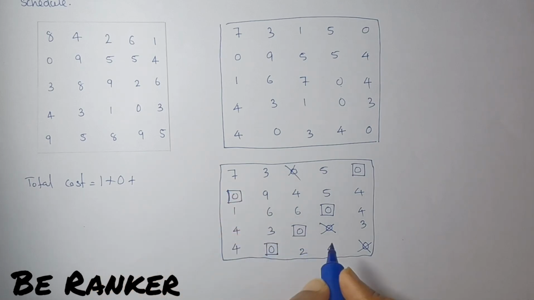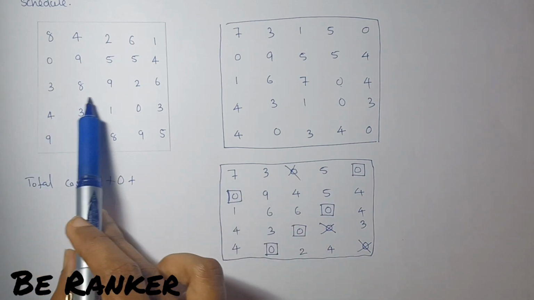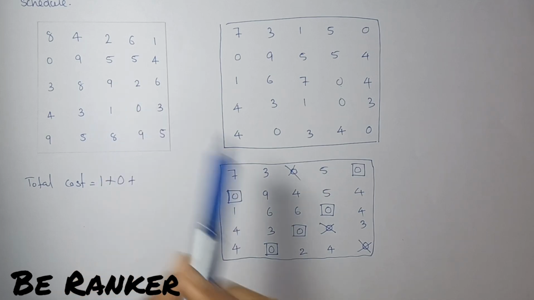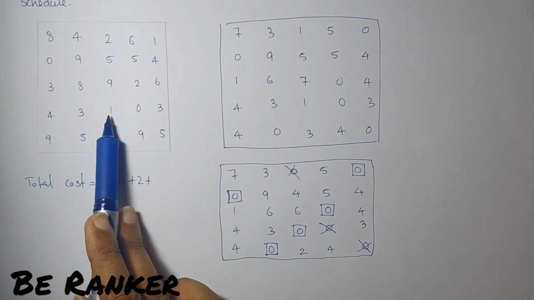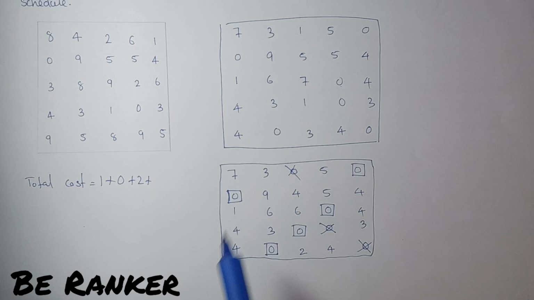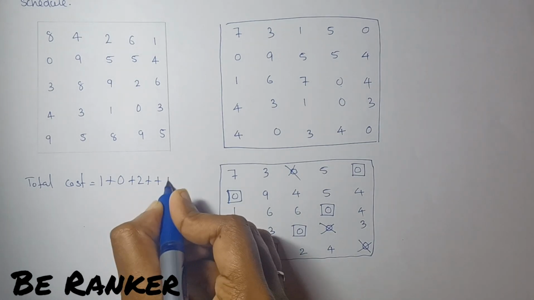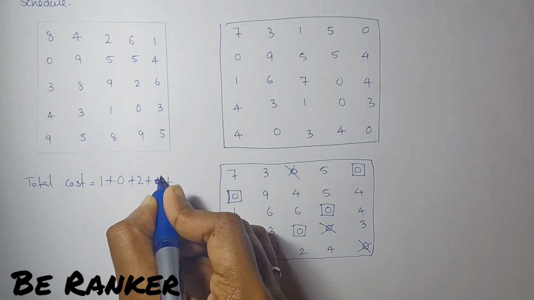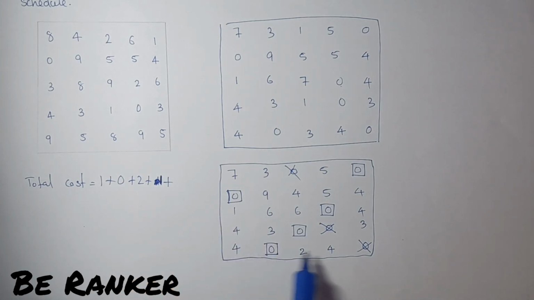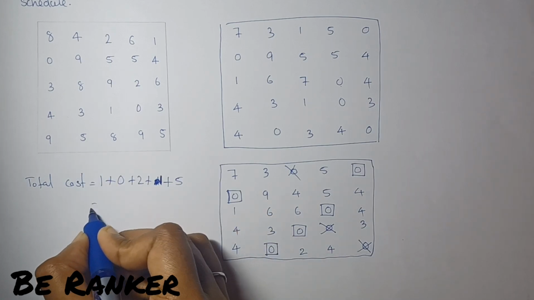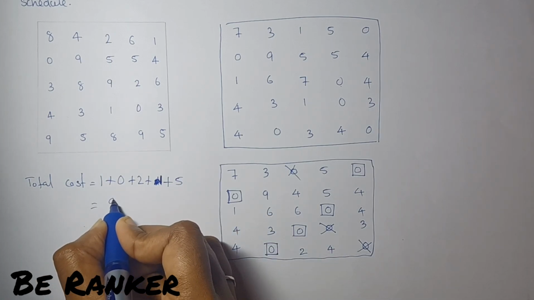Plus, third row, fourth column, it is 2. Plus, fourth row, third column, it is 1. Plus, fifth row, second column, it is 5. And the final answer is 9.